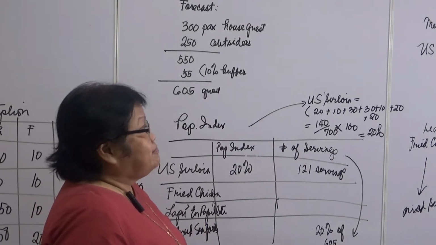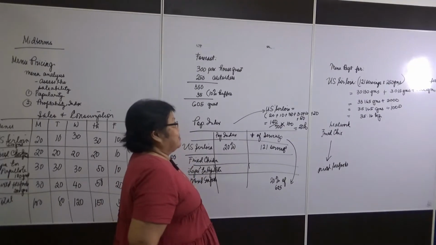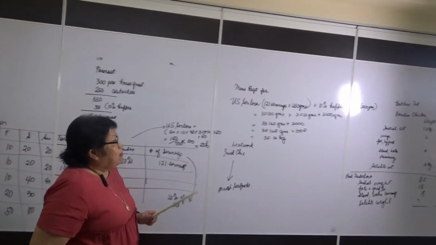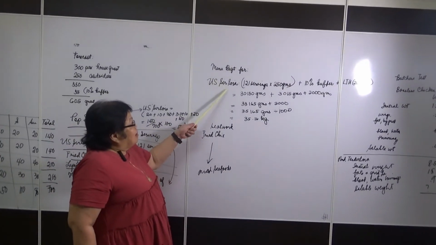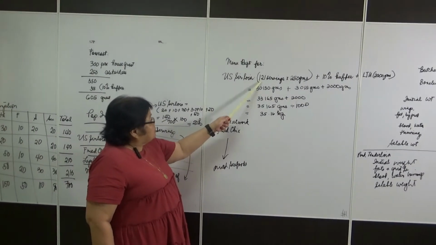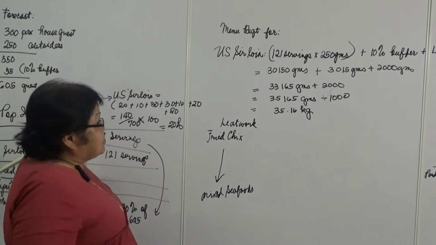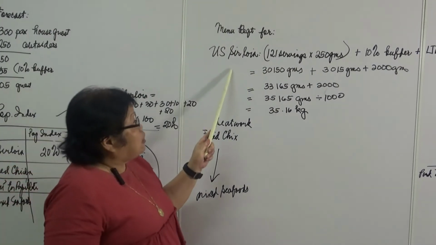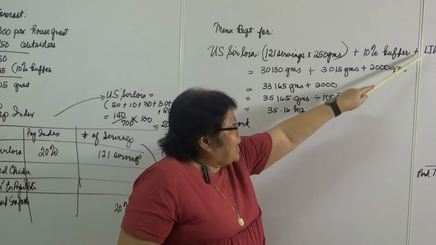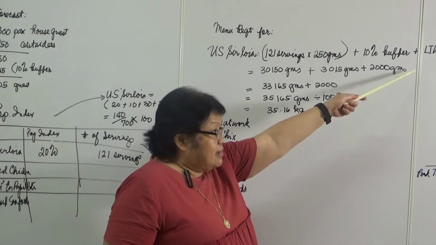Alright, so let's move on so that you will find out what is the weight of the U.S. sirloin that you're going to be ordering from the supplier. But there's no wastage, there's no inventory. U.S. sirloin, 121 servings times 250 grams because that is the serving portion of the U.S. sirloin, plus 10% buffer plus lead time usage of 2,000 grams, which is a given.